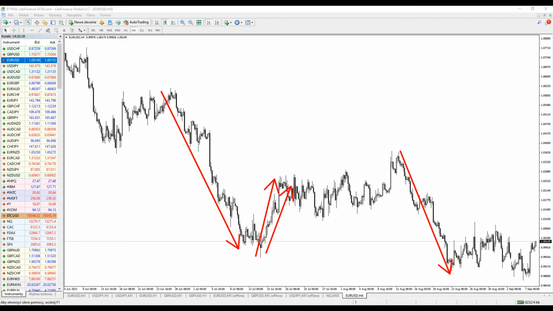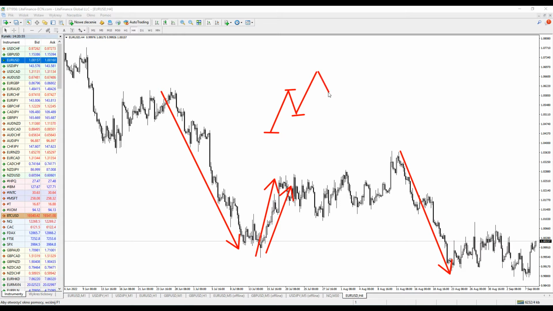Well, overall, if we are talking about a bullish trend, when prices move up, they are represented by a series of swings like this. We are moving higher, we have a pullback, but the low here is higher than the previous low, followed by a higher high, right?